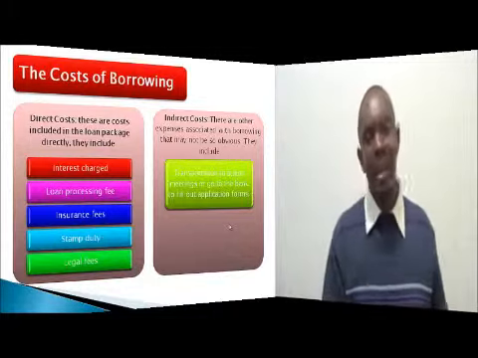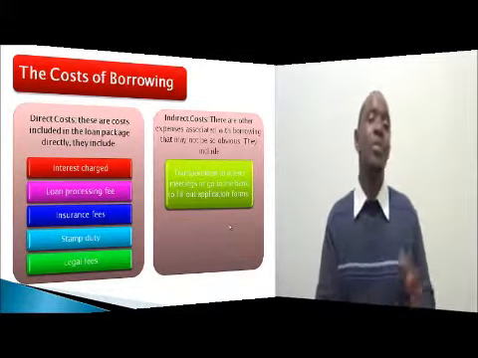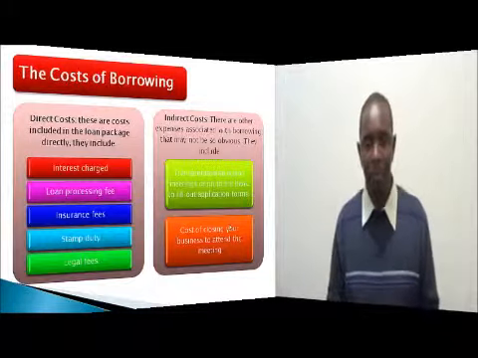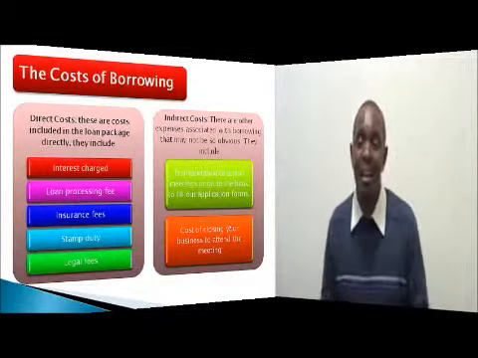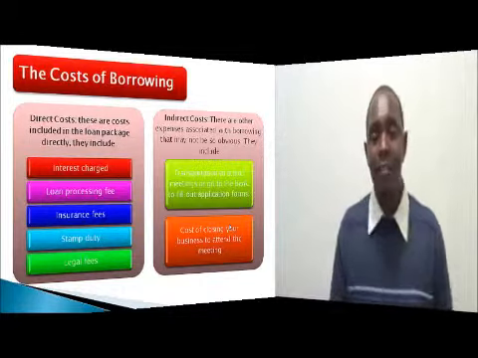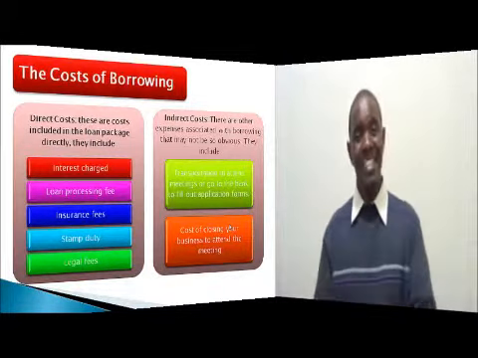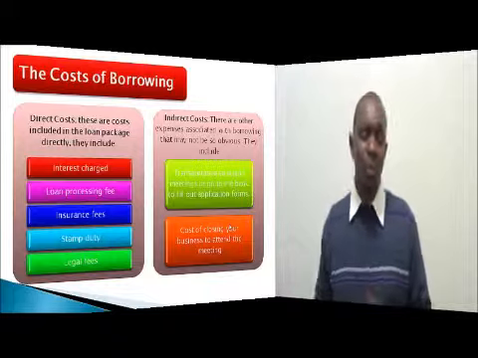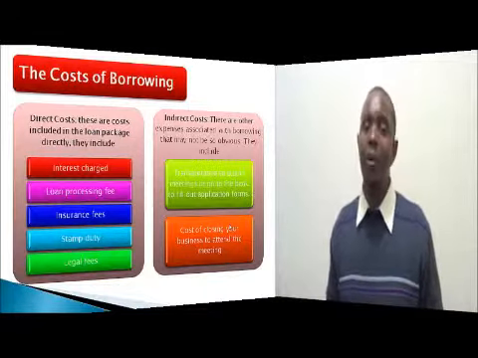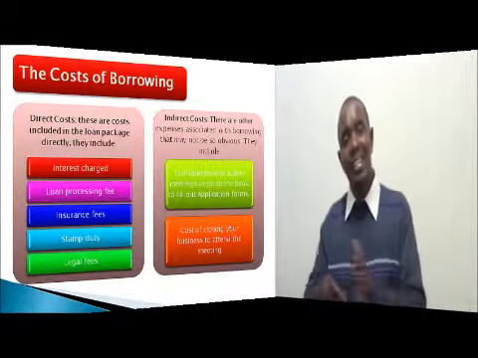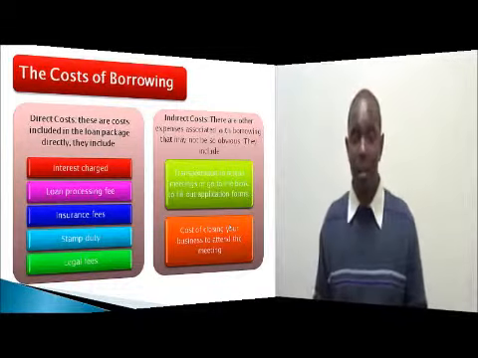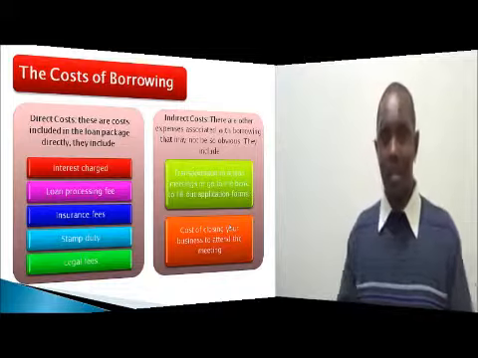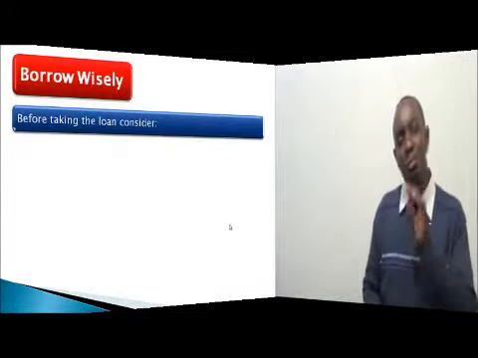If you have to pay for this transport, or you have to close your shop in order to attend the meetings or visit the bank for the application process, these are indirect costs. So you need to be aware of the direct and indirect costs that come with the loan package. Now you need to borrow wisely.